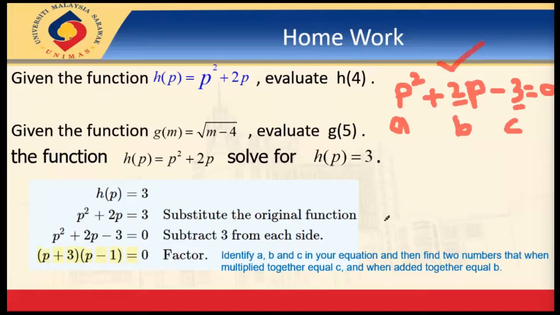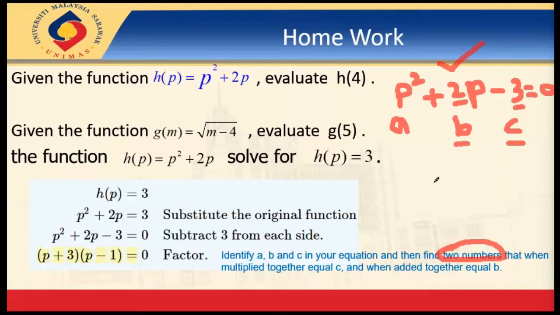Now to further simplify, find two such numbers that when you multiply together you will get c, and when you add them together you will get b. I'm repeating again.